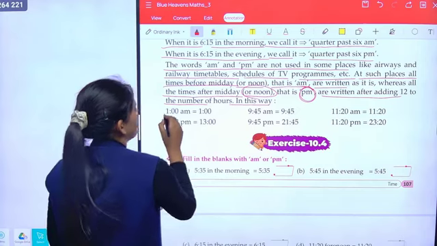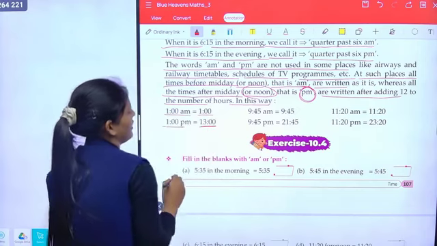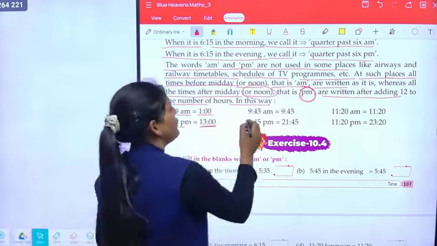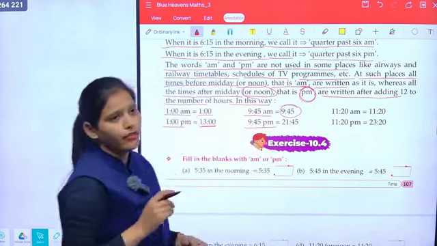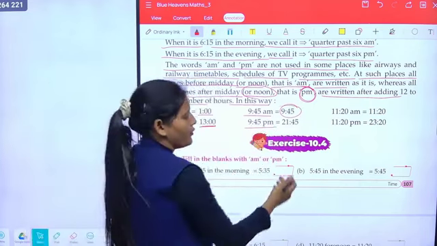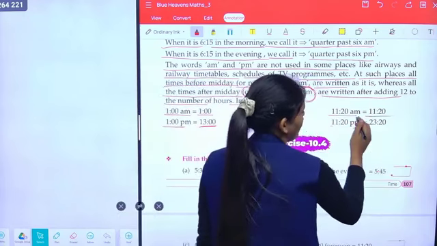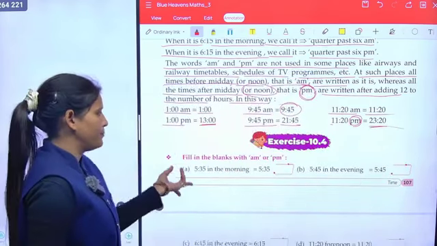In this way, 1 AM is 1, but 1 PM is equal to 13. 9:45 AM is 9:45, but 9:45 PM is equal to 21:45. 11:20 AM is 11:20, but PM is 23:20. Okay.